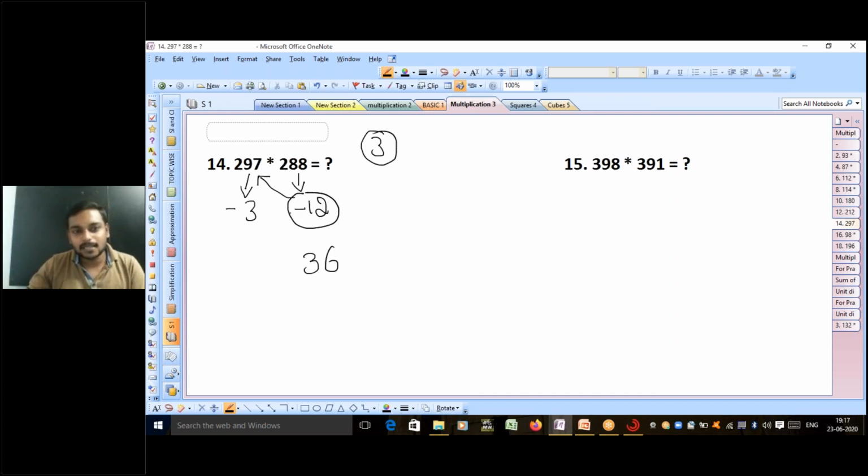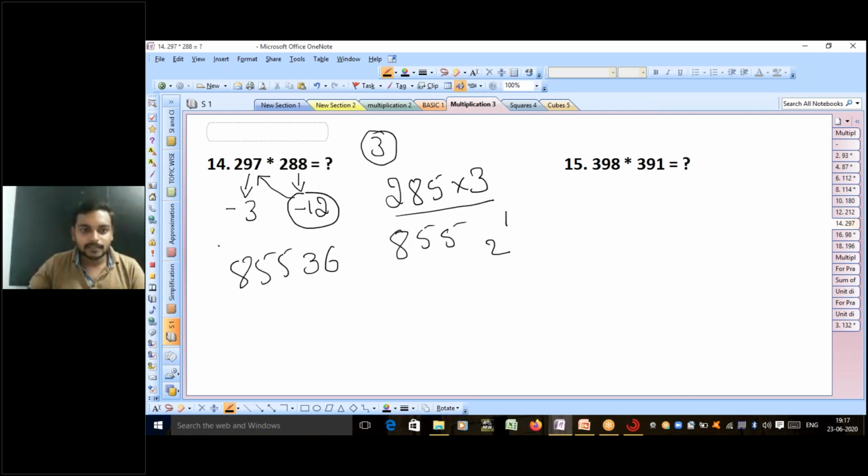Because it is lesser than 300. So you have to subtract 297 minus 12. It gives 285. Then you have to multiply this 285 with 3. 3 5s are 15, 1 carry, 8 3s are 24 plus 1, 25, 2 carry, then 3 2s are 6, 6 plus 2, 8. So answer is 85,536.